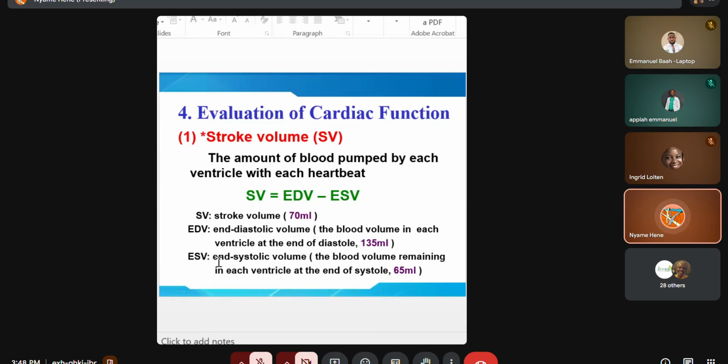Now the end systolic volume is the blood remaining in each ventricle at the end of a systole. After every contraction, the amount of blood that is left. EDV minus ESV equals stroke volume.